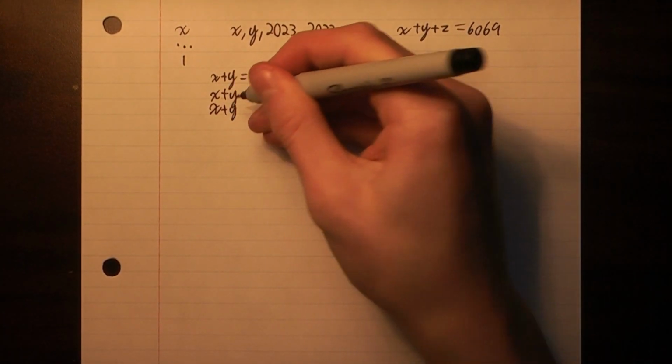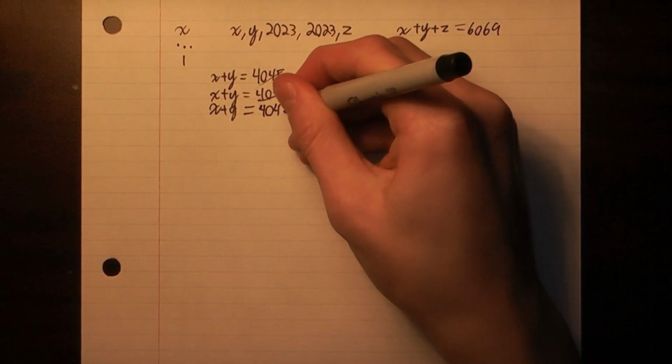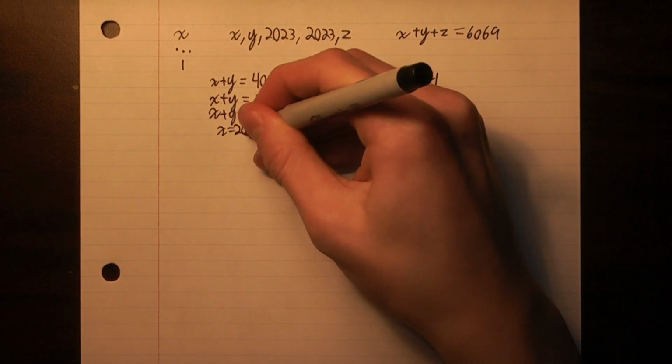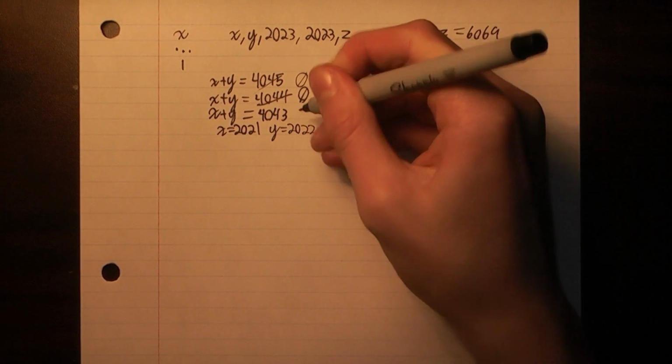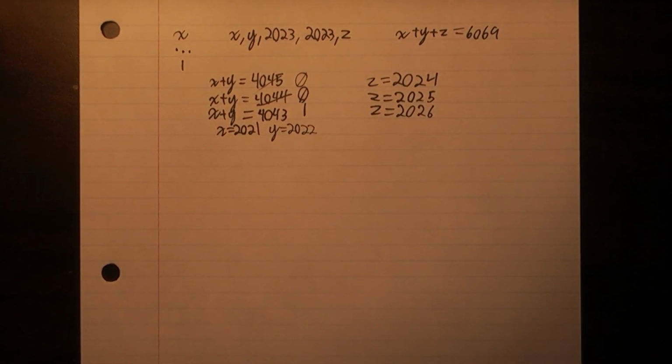X plus y equals 4043. So x is 2021 and y is 2022. So there's one possibility here. And here we have the same pattern, and it will keep going, but not until x or y equal 1.